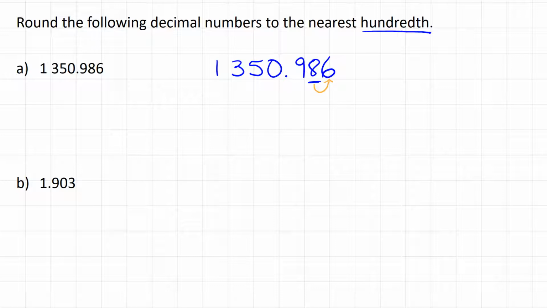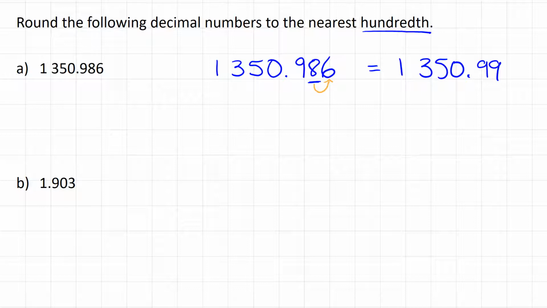And I notice that it's greater than 5, which means my place value will be changing for the hundredths. So this number rounded to the nearest hundredth will be 1,350.99. All right, let's look at another example.